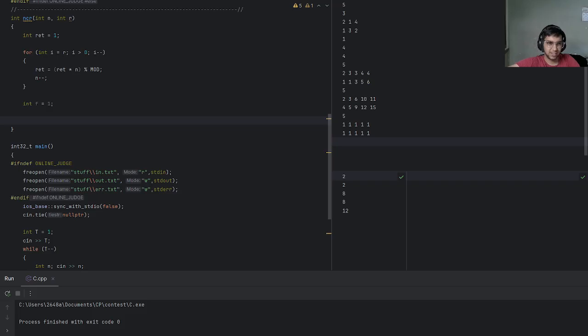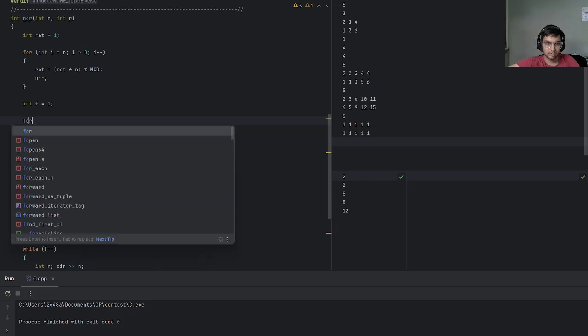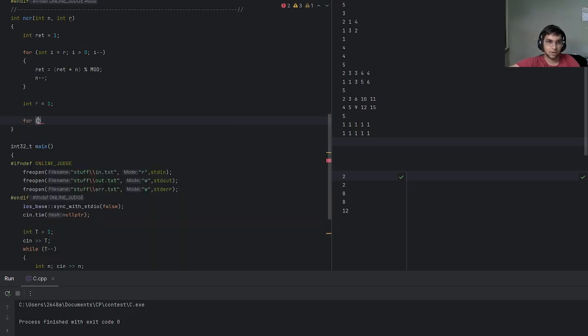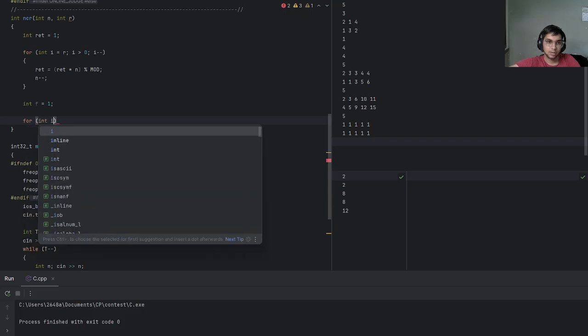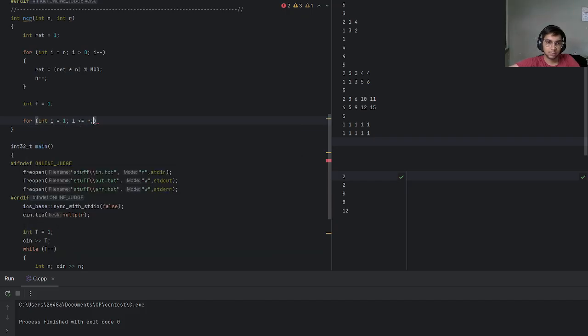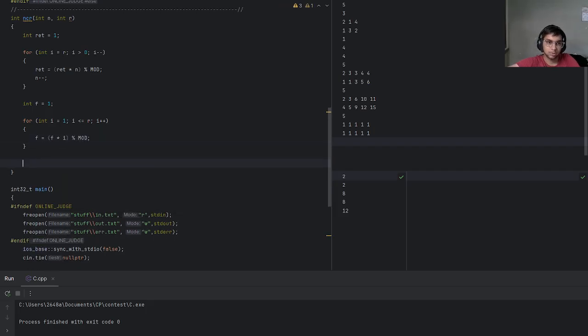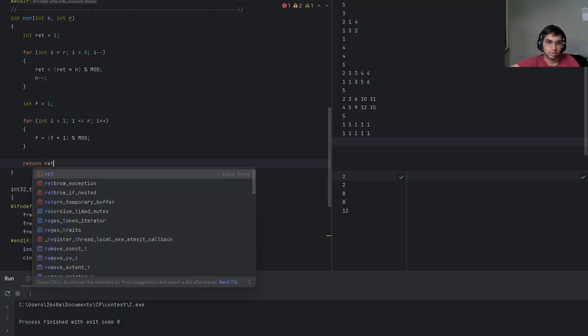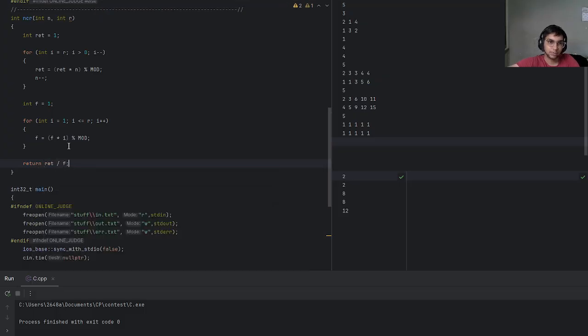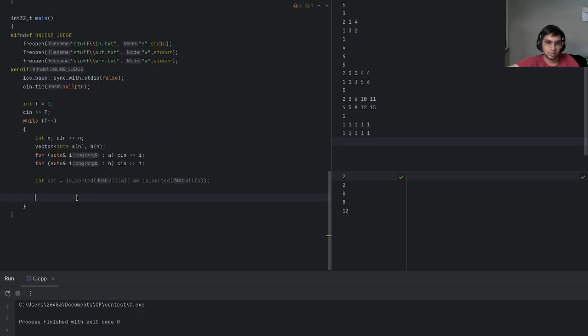This seems very dicey, but you know, I think f equals f into i, and the term left is my NCR value, I think.